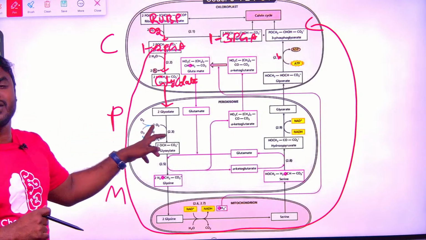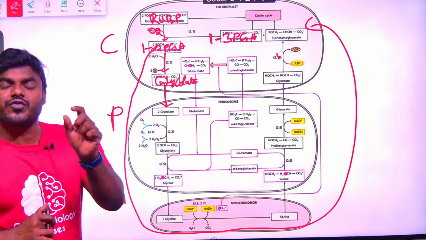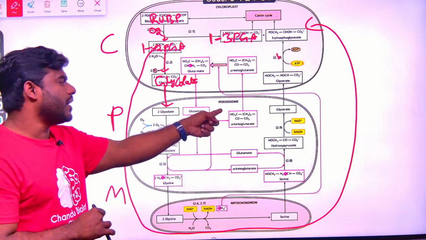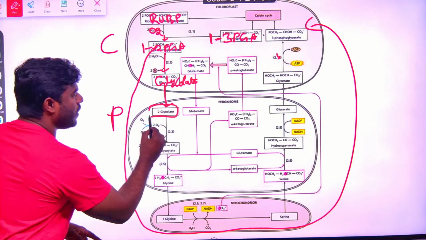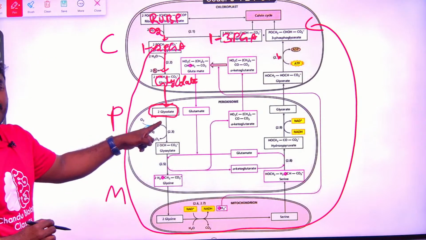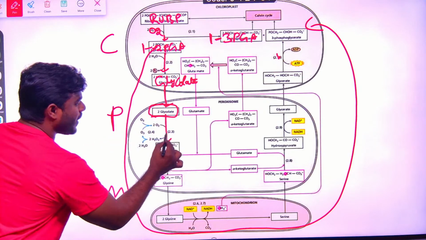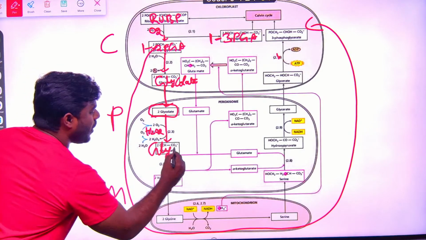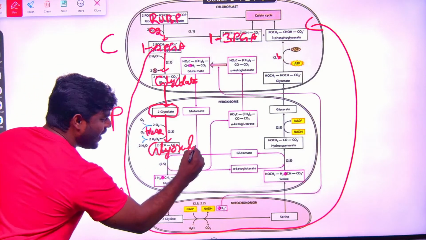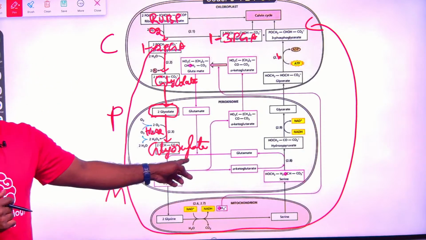This is the question they asked in the exam: which of the following is the first intermediate that entered into the peroxisome? Glycolate. Correct? Now what happened to the glycolate? Glycolate combined with H2O2 is converted into glyoxylate. Where? In the peroxisome only.